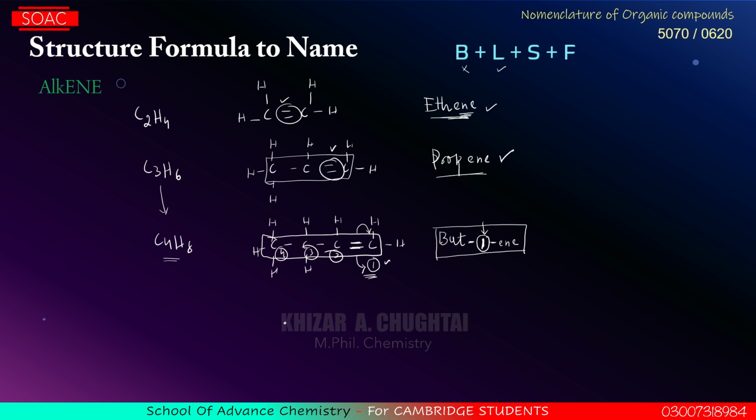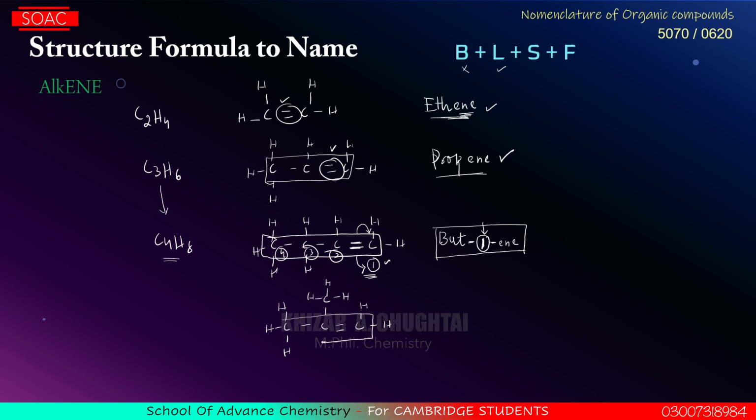Come towards another possibility. I'm going to write it over here, this one. This is again having 4 carbon atoms and 8 hydrogen atoms. This time again I will have to check the longest chain, and here is the longest chain.